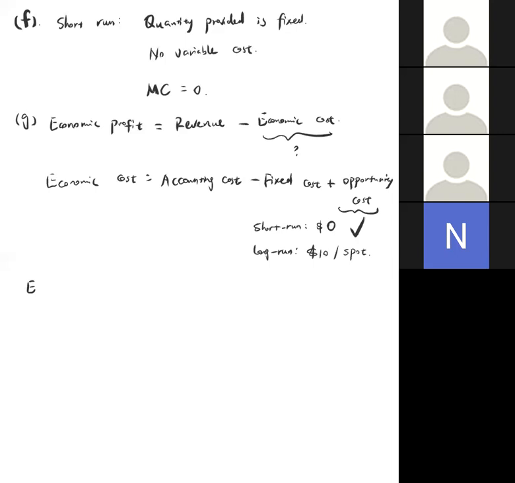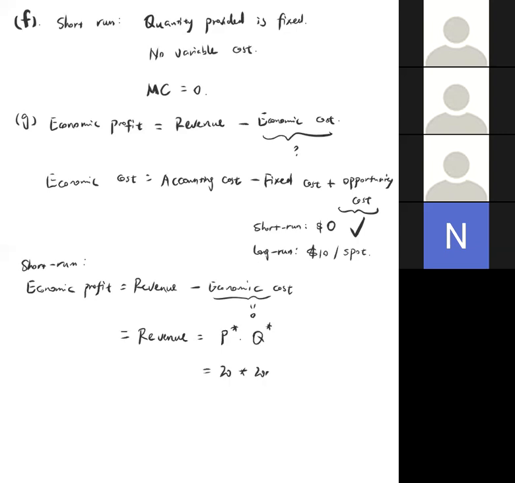So that means the economic profit in the short run will be revenue minus economic cost. But the economic cost equals 0 in the short run. So we only need to consider the revenue. And that would be the equilibrium price times the equilibrium quantity in the short run, which is 20 times 200, and that gives us 4,000.